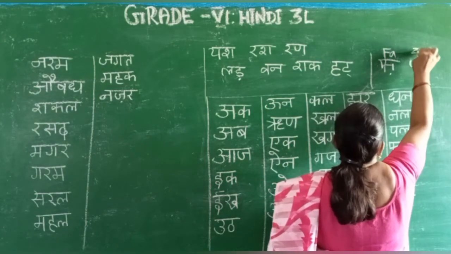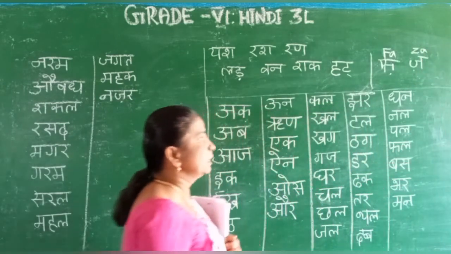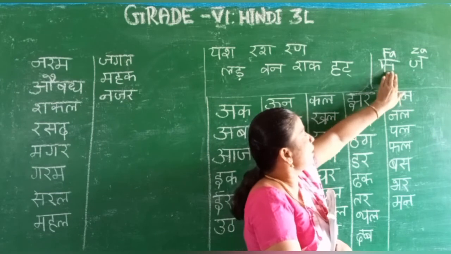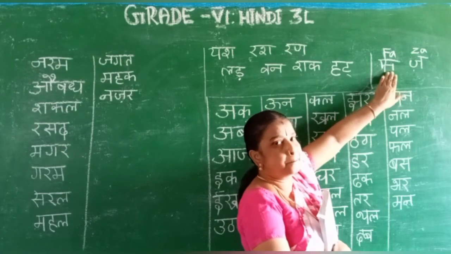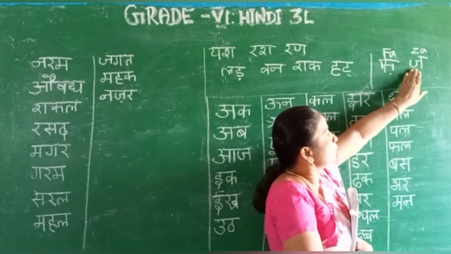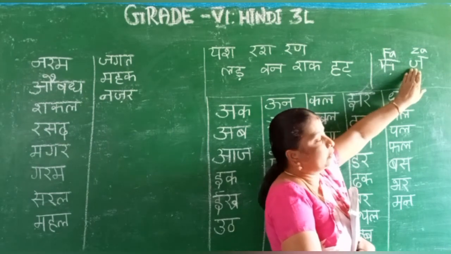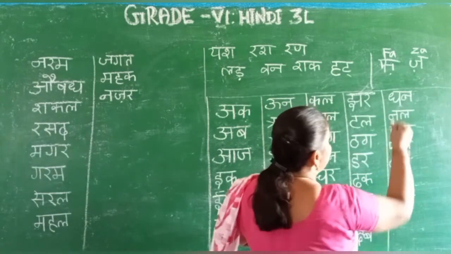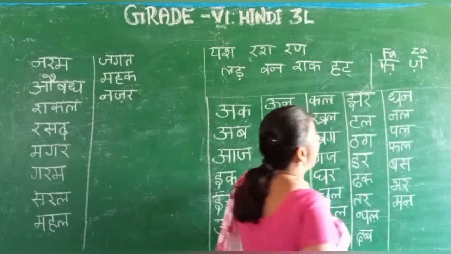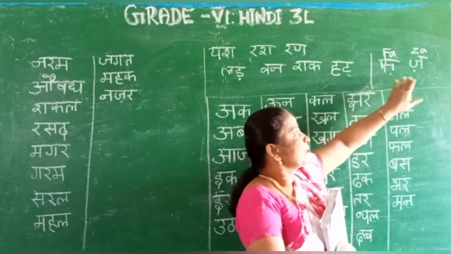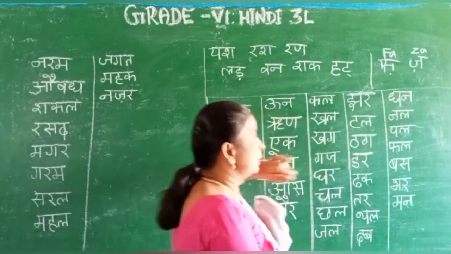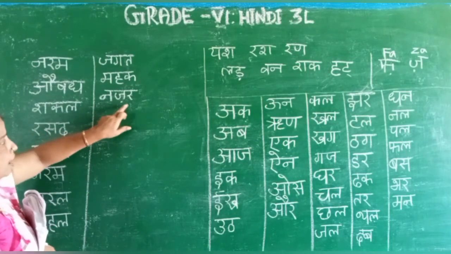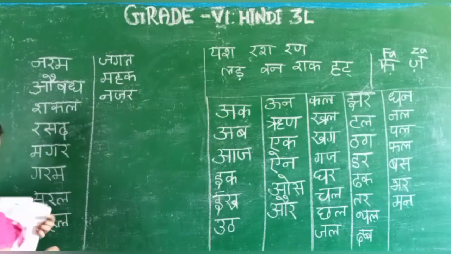Za, Z-A, za. Is it clear? That one dot makes the sound different. Without the dot, this is P-H-A, pha, and this one without the dot is J-A, ja. But when a dot is there, the sound changes. How? F-A, fa, Z-A, za. Is it clear? You see, now the dot is there. So, na, za, ra, nazar.